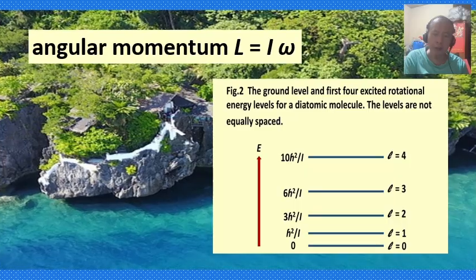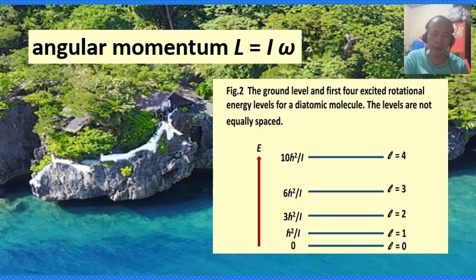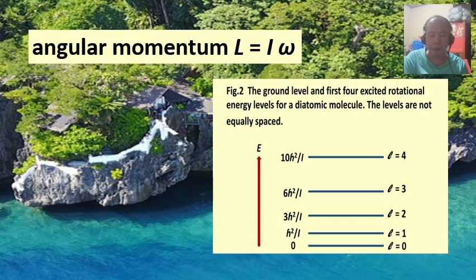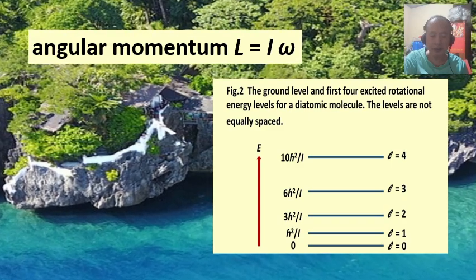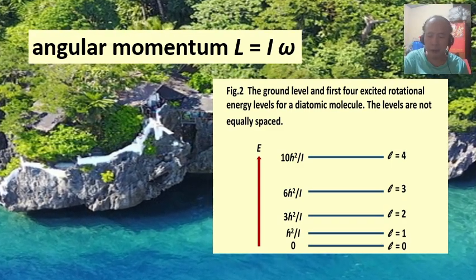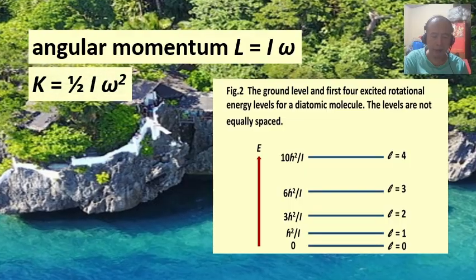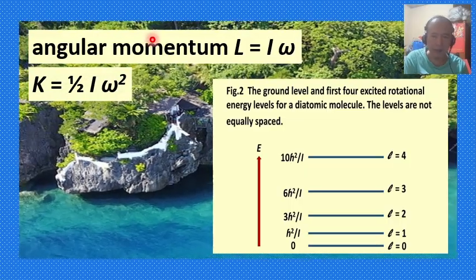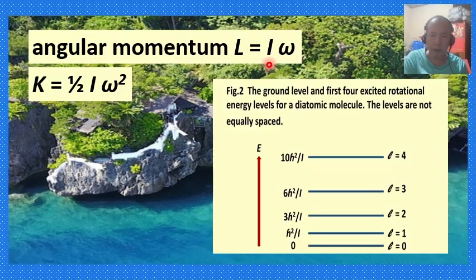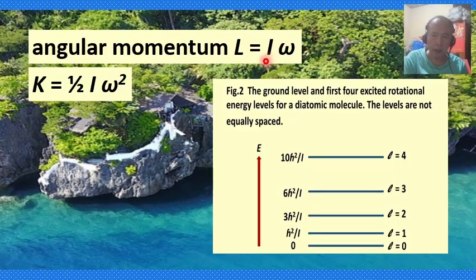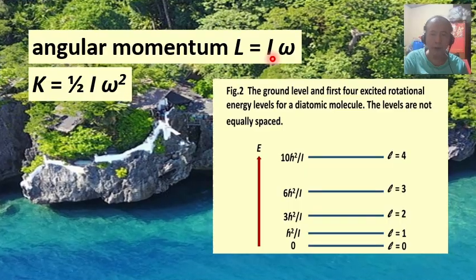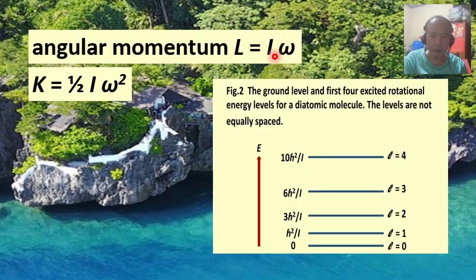We know that when a rigid body rotates with an angular speed omega about a perpendicular axis through its center of mass, the magnitude L of its angular momentum is given as L equals the product of I and omega, where I is the moment of inertia of the body.